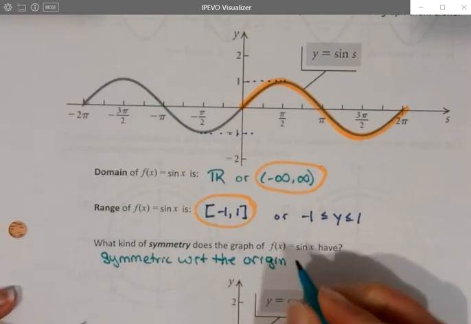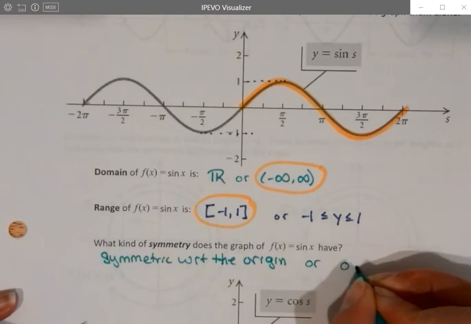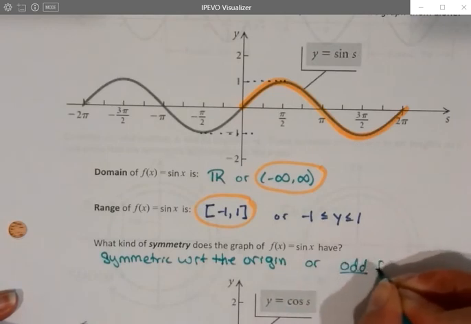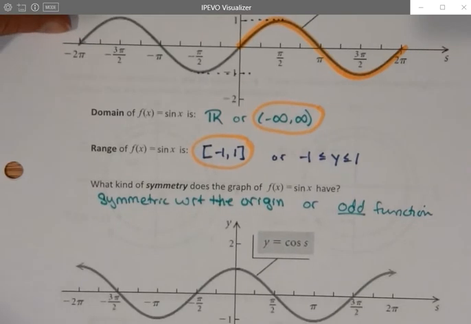And that makes it an odd function. Remember how we defined it: if a function was symmetric with respect to the origin, it was odd. It's been a minute since we talked about that, but it is an odd function.